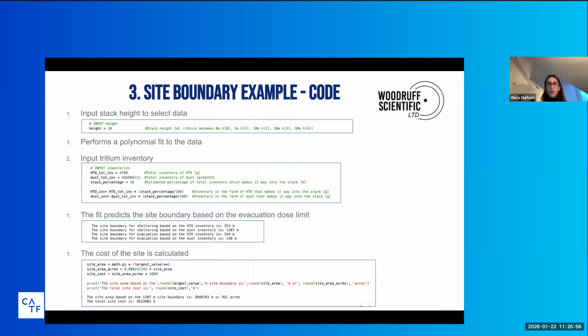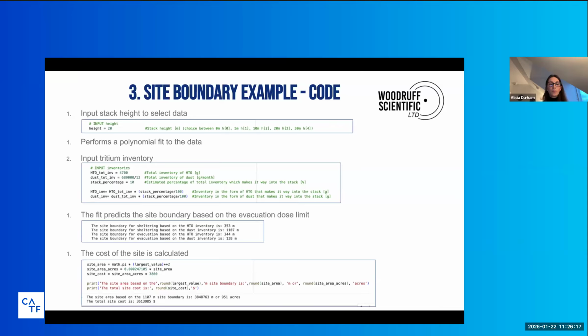So it takes as an input also our tritium inventory. It assumes 10% of it gets released through the ventilation stack, and this gets translated into a dose. And based on the dose limits for evacuation and sheltering, we calculate how big a site boundary would have to be to avoid evacuation or sheltering.